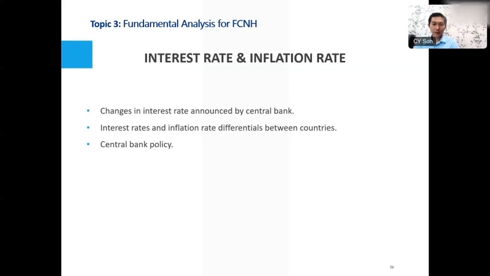Which is why inflation rate and interest rate are very closely related. So when you analyze or read news related to the US dollar or CNH, it is important for you to take note of this. When you trade FCNH, it's important for you to monitor the interest rate and inflation rate announcements for both the US and China.